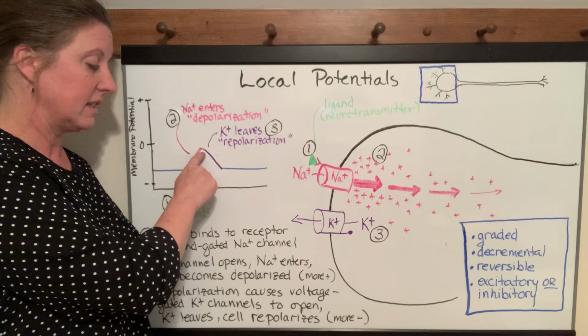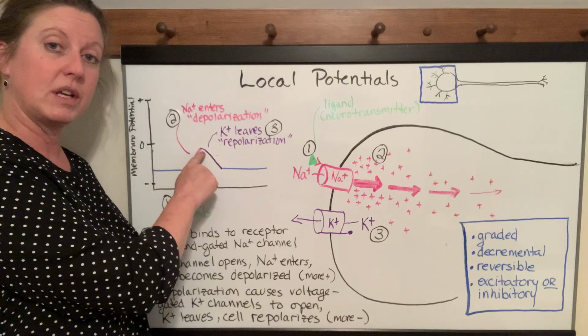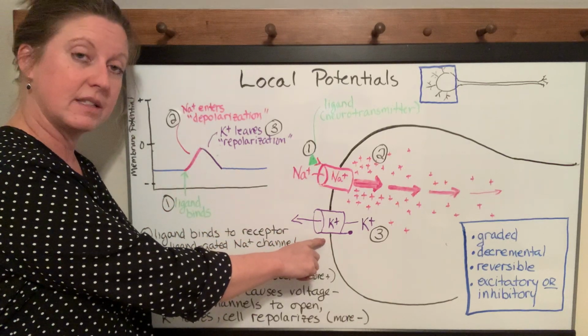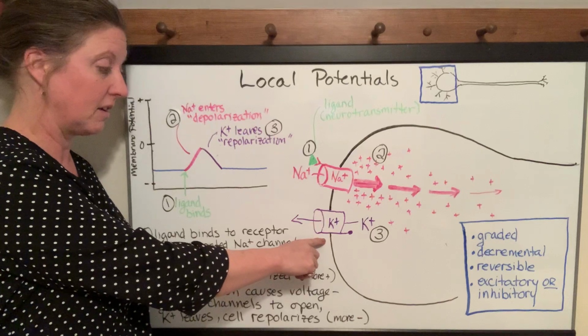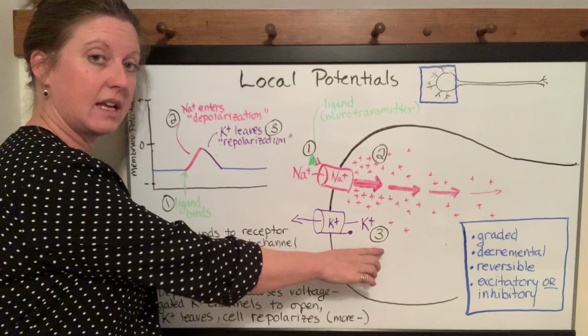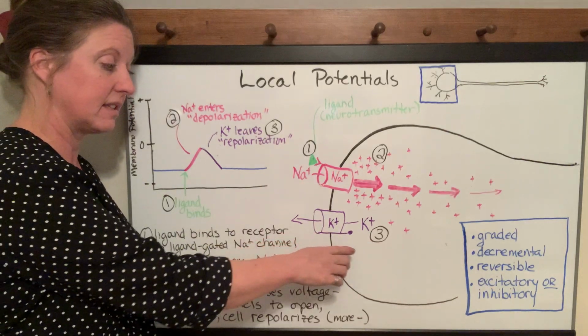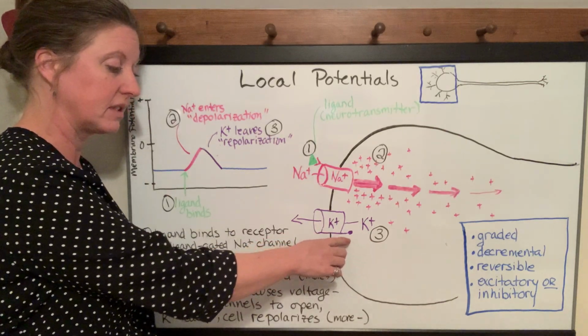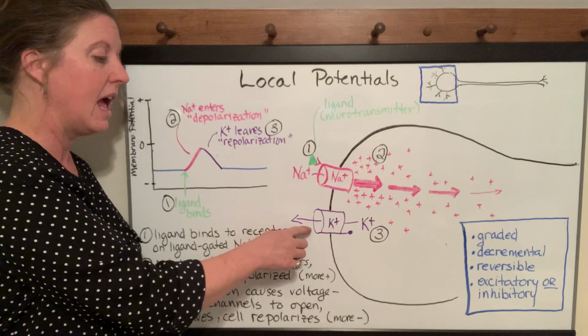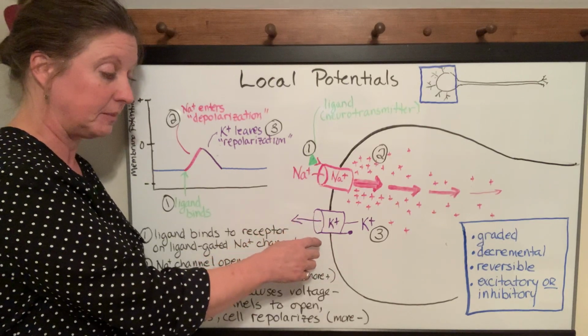Now, once the inside of the cell reaches a certain charge, that charge opens the voltage-gated potassium channel. Potassium is more concentrated inside the cell than outside the cell, so potassium moves down its concentration gradient from high to low concentration and leaves the cell.